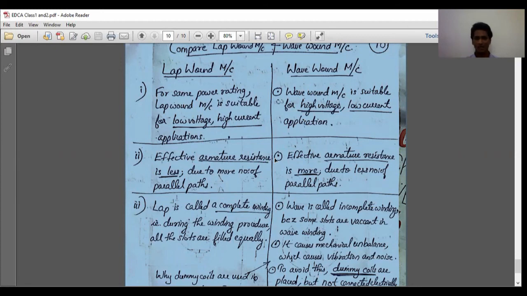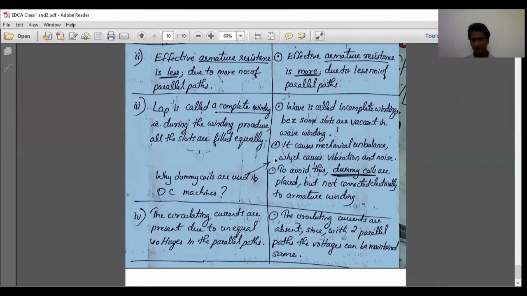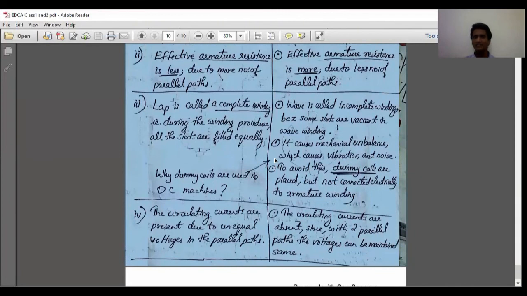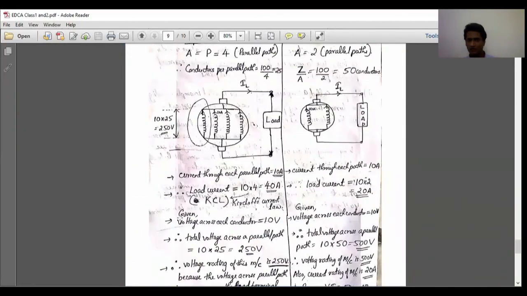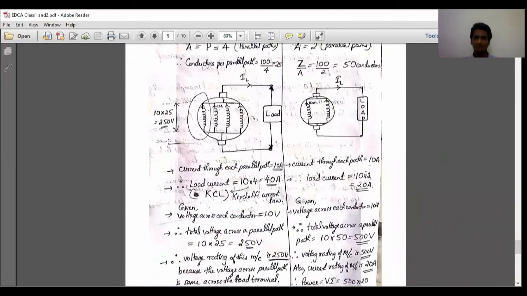Clear? Then consider the fourth point. Then we'll come back to the third point. For understanding the fourth point, let us have a look at this figure.